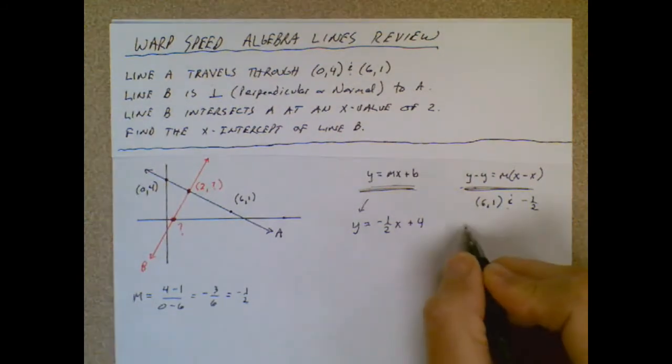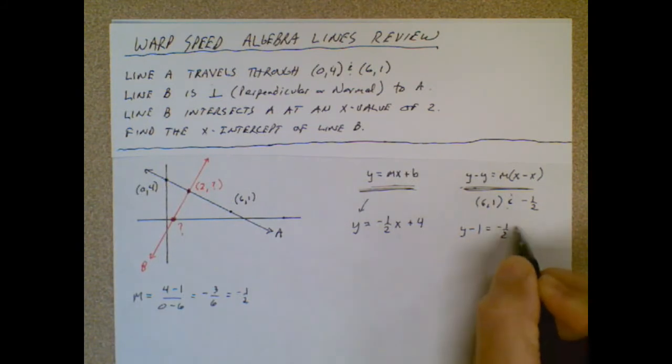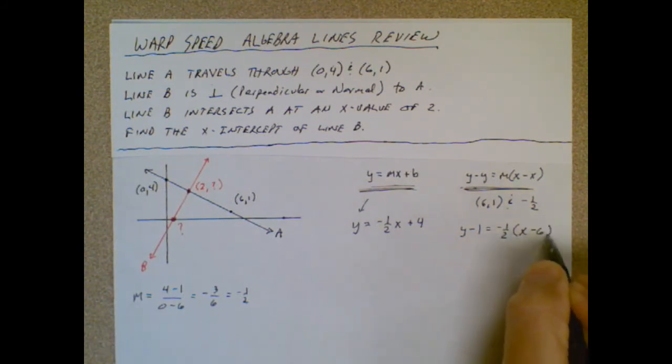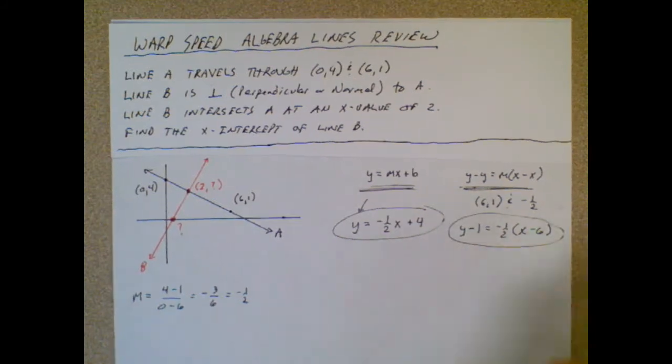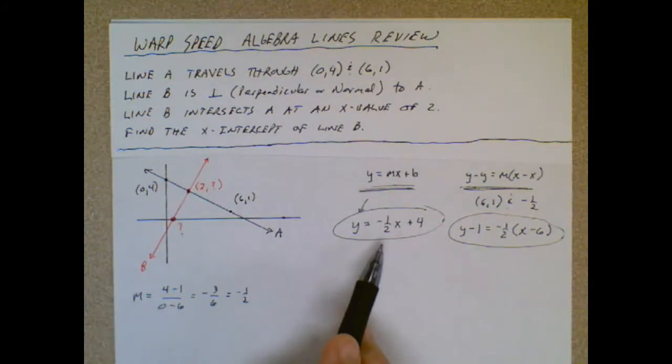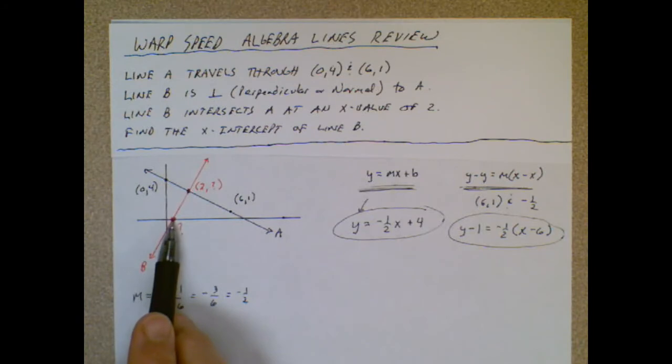Now I will just plug into this form. Either of these forms is totally acceptable. I know your brain wants the other form, but believe me, you're going to want to use this form quite a bit during calculus.